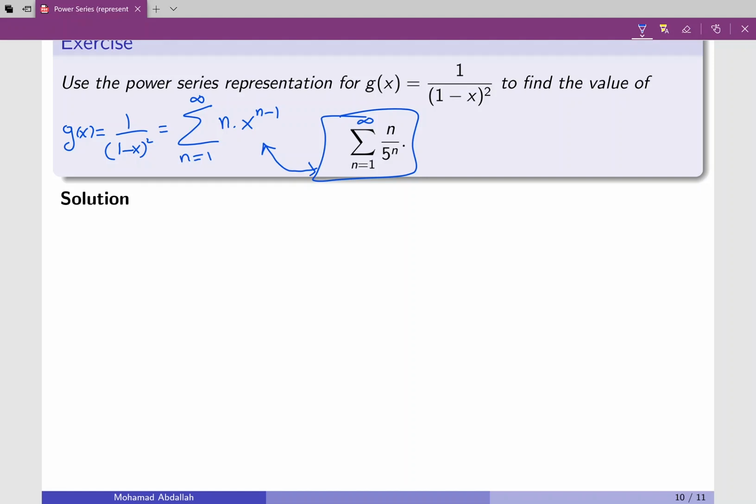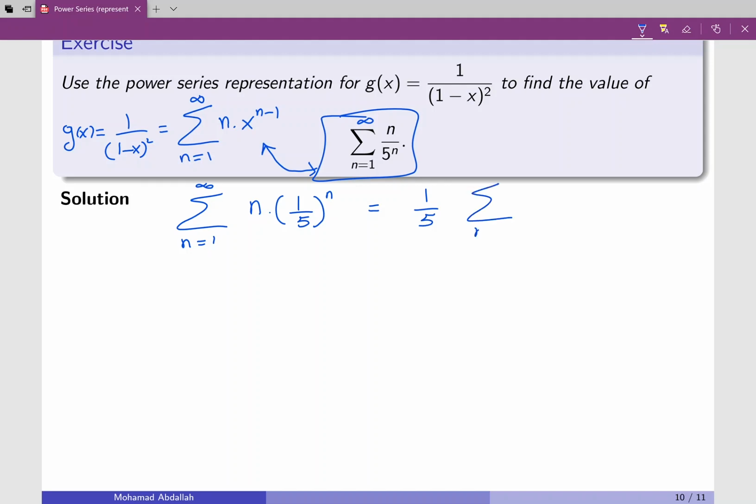Okay, let's look at what we have here. I have the sum from n equals 1 to infinity of n over 5 to the n. You agree I can write n over 5 to the n as n times 1 over 5 to the n. And also, because it doesn't look quite like that one, since this is n and this is n minus 1, I can move 1 over 5 out.